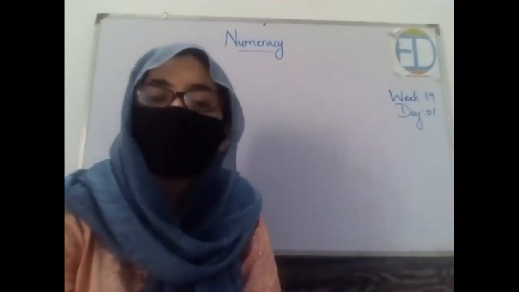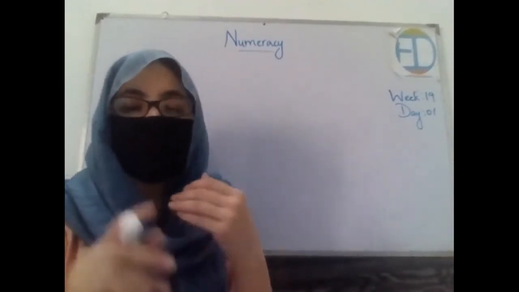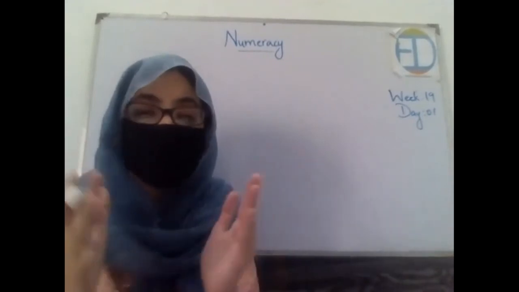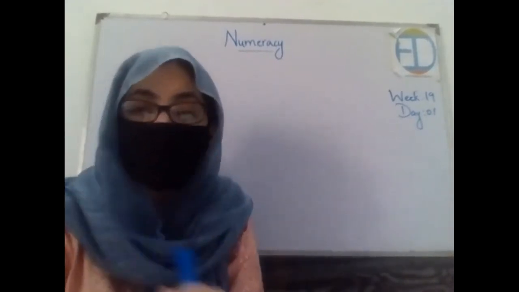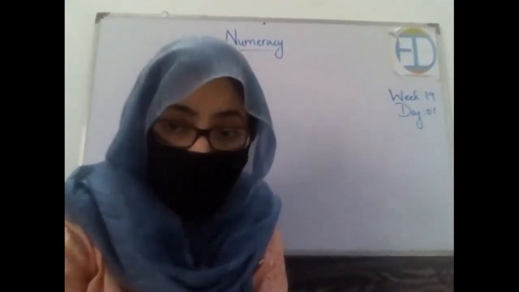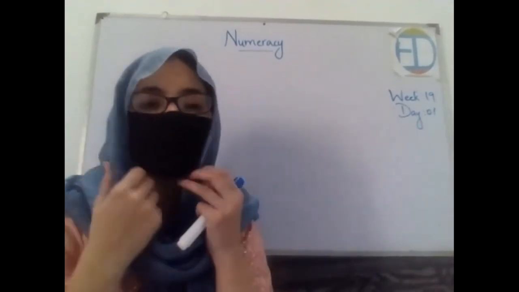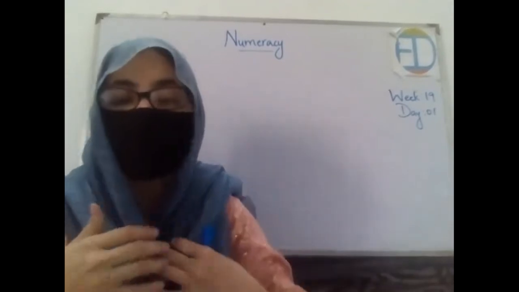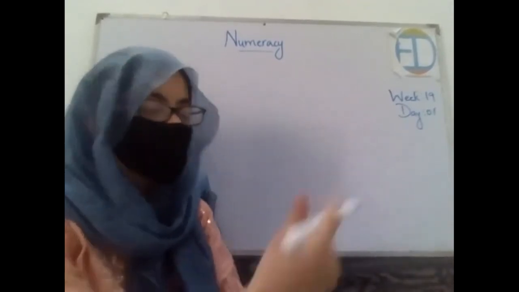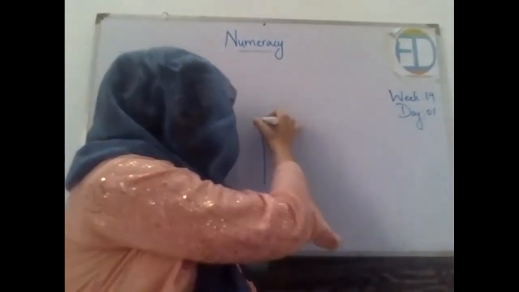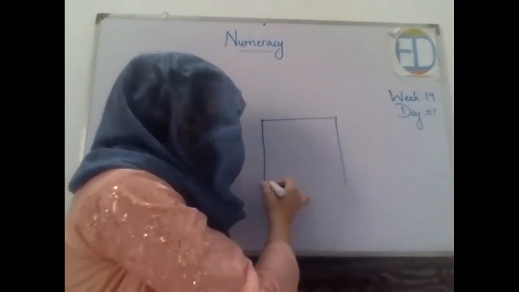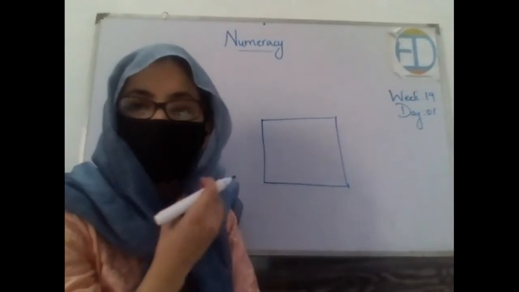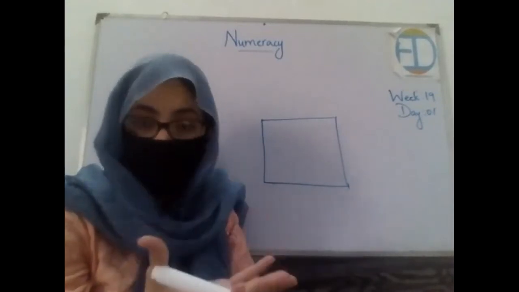Okay, so now, like you already know about a few of the shapes, we will discuss all of these shapes in detail. So in today's class, we will be starting with the first shape, that is square, right? So now let's make a definition of square according to the characteristics that we know. So let's draw first the square shape. This is a square. Now, first we will discuss the characteristics of it and then we will make a definition out of it.